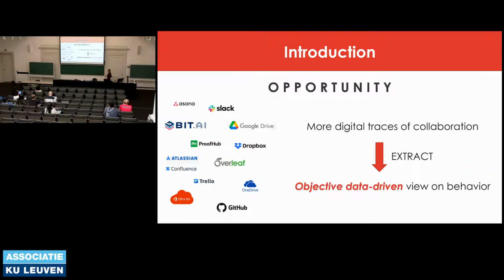Luckily, nowadays, there are more and more tools that support collaboration in the digital space, such as Google Drive or Slack, GitHub, all these different systems that keep track of when someone worked on what. And from these systems, you can extract a way more objective and data-driven view on this collaboration behavior.